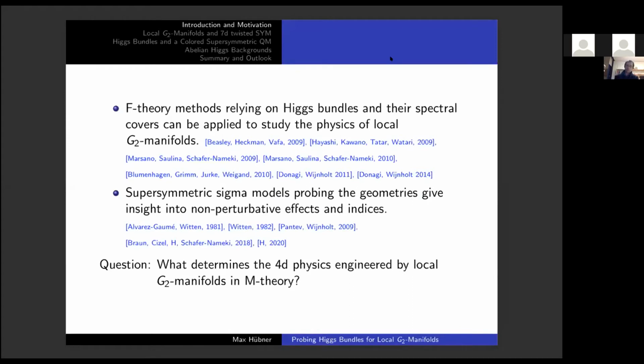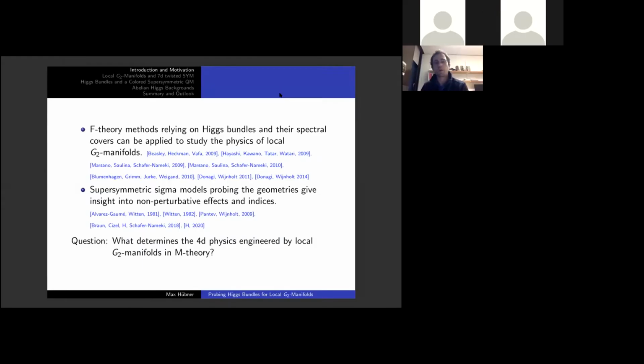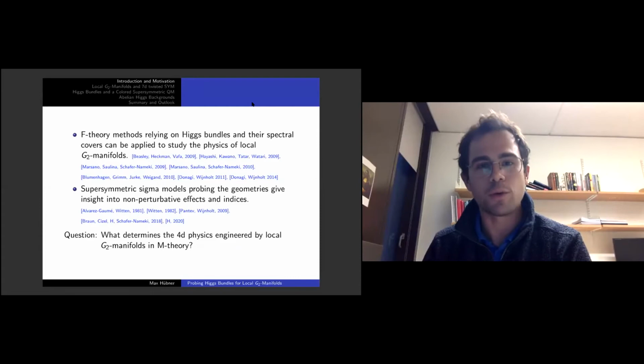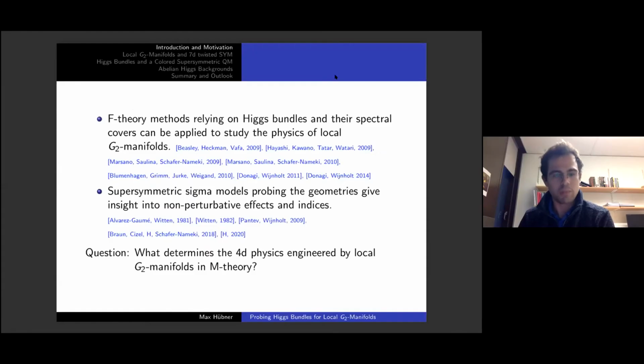The theme of today's talk will be to also approach local G2 manifolds via their Higgs bundles and, using some probe particles, extract the 4-dimensional physics from these. So the loose question heading out of this motivation is simply: what determines the 4-dimensional physics engineered by local G2 manifolds in M theory?